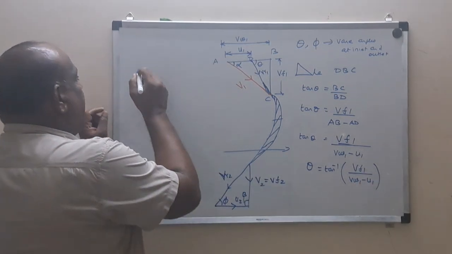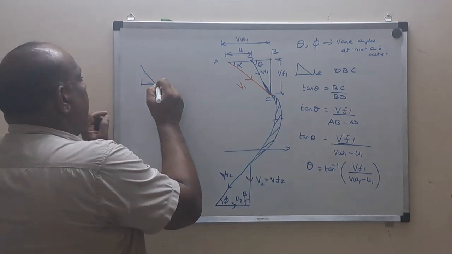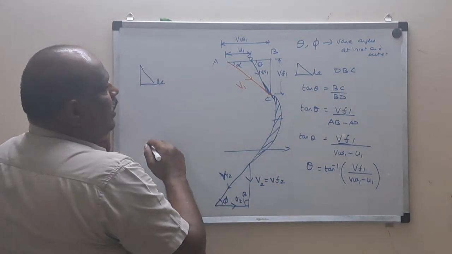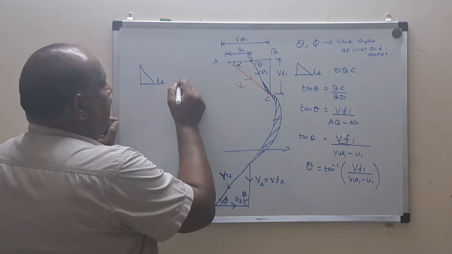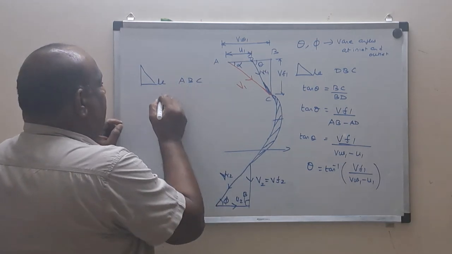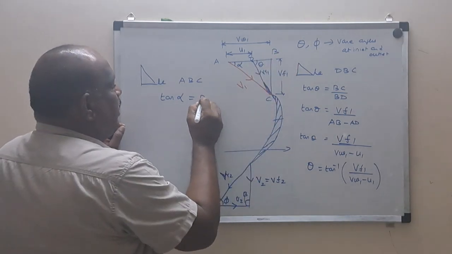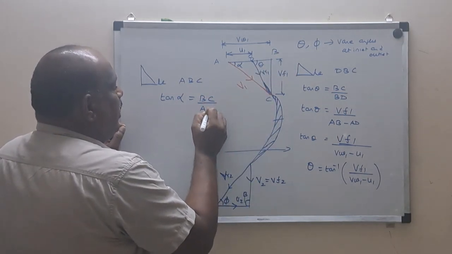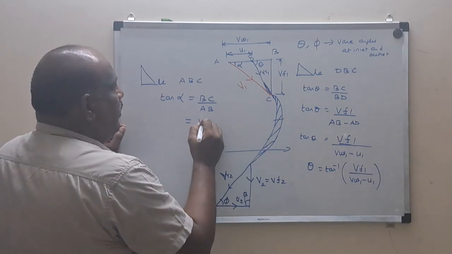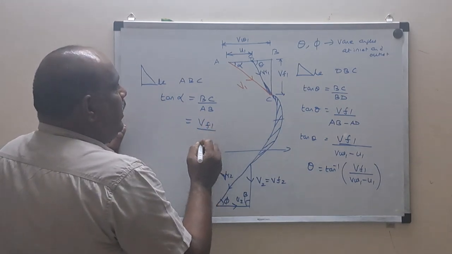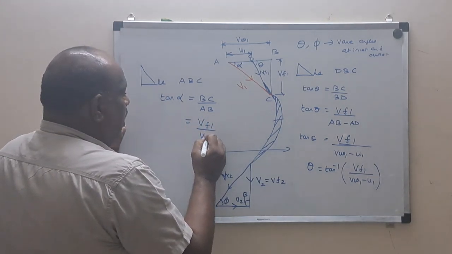Now let us check the right angle triangle ABC. What is tan alpha? Tan alpha is opposite by adjacent. The opposite is BC and the adjacent is AB. BC is nothing but VF1 and AB is nothing but VW1.